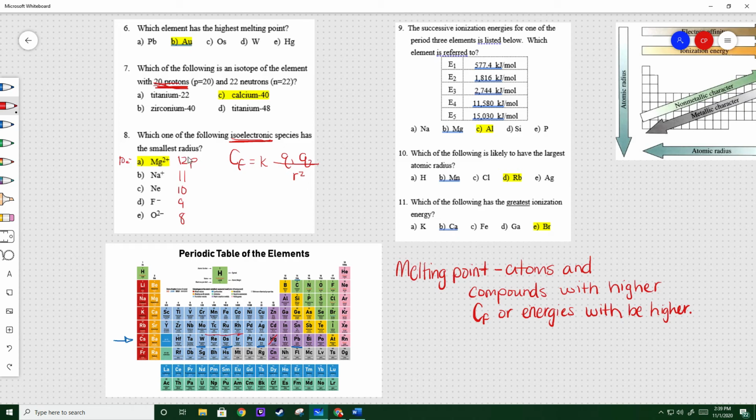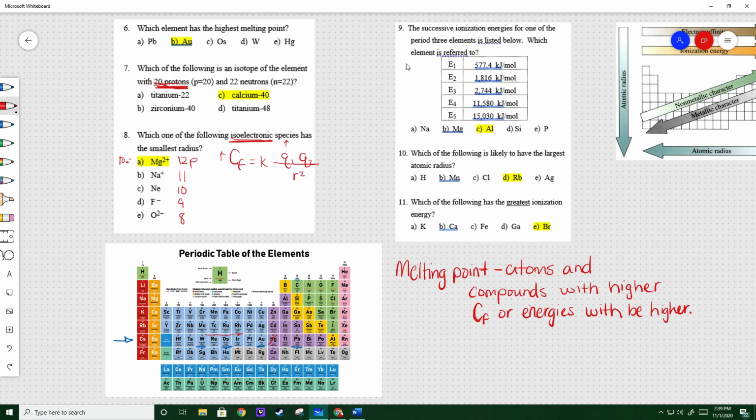If we increase one of these charges, we increase the force, and that decreases our radius. We have a lot more protons here attracting those same 10 electrons, so it brings those electrons closer. That's why magnesium has the smallest radius, because those 12 protons really attract those 10 electrons.